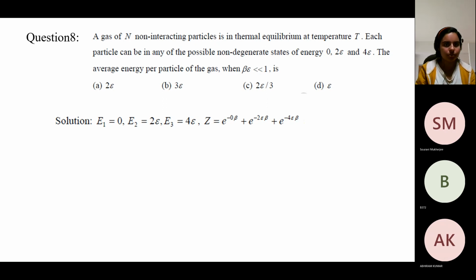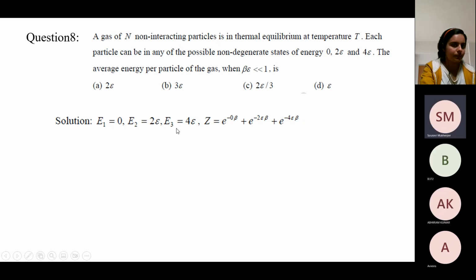So here you multiply the individual energies with the probability of being in that energy state. If this one is E1, this is E2 and E3, you multiply E1 by the probability of being in the state E1, plus E2 into the probability of being in the state E2, plus E3 into the probability of being in the state E3. That gives you the mean average. Is this clear?